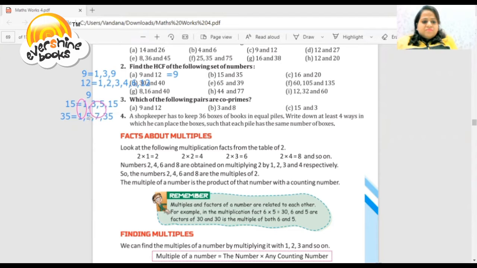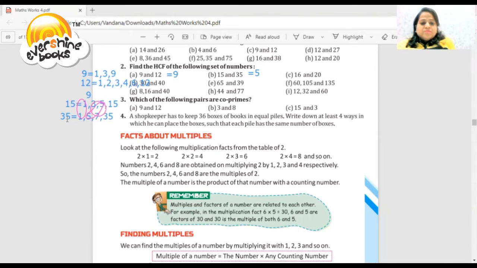These are the common factors. So 5 is your answer. Write your answer 5, and that is your HCF.